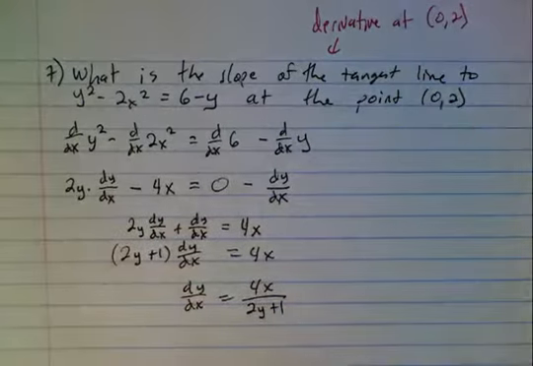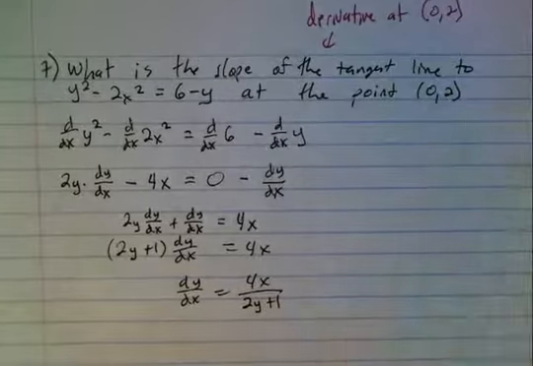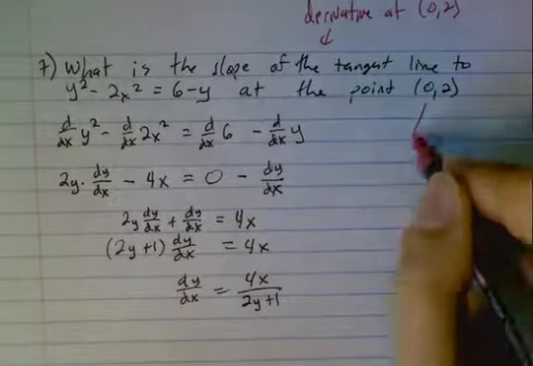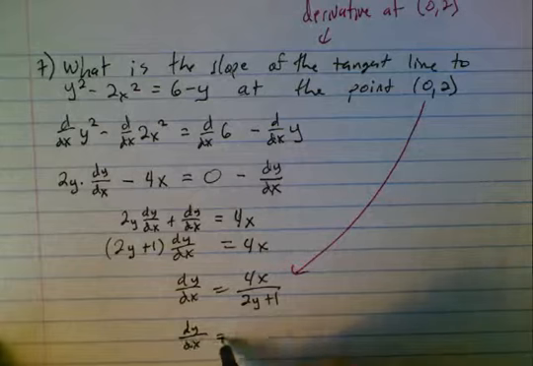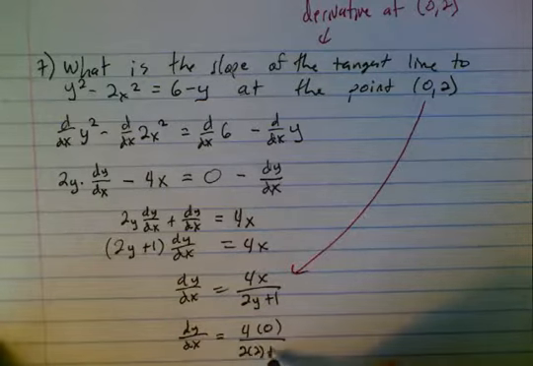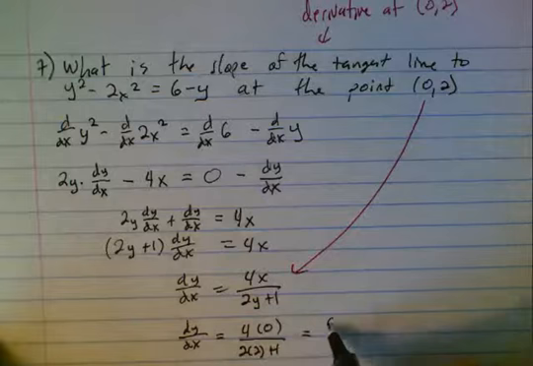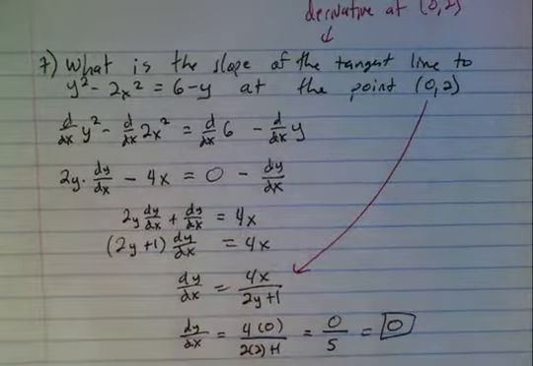Now I've got that equation. Now I know what x and y are, so I can just plug those in. Four times 0 is 0, 2 times 2 plus 1 is 5, 0. Complete coincidence that there happen to be a bunch of problems coming up to 0 this round.